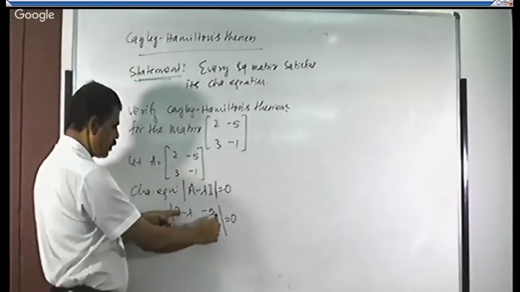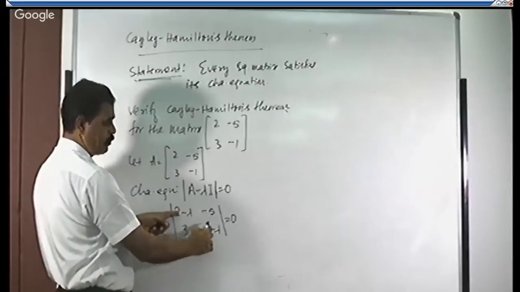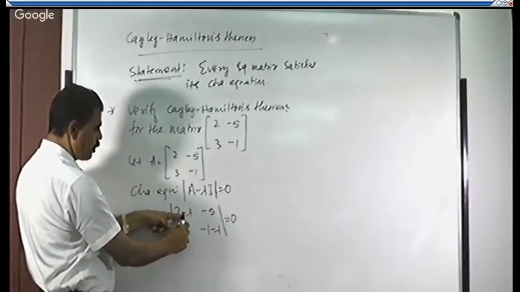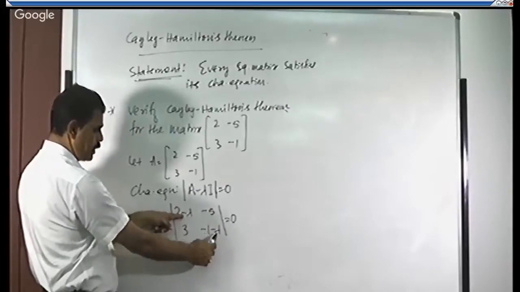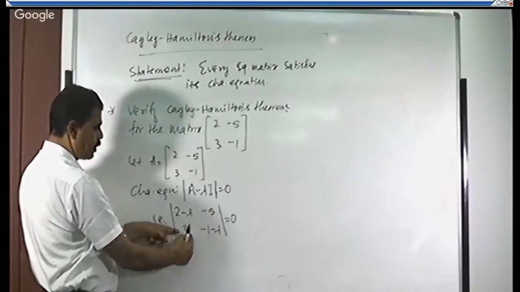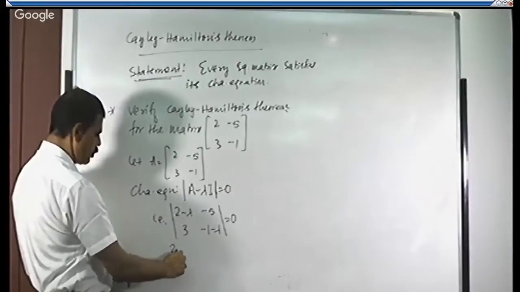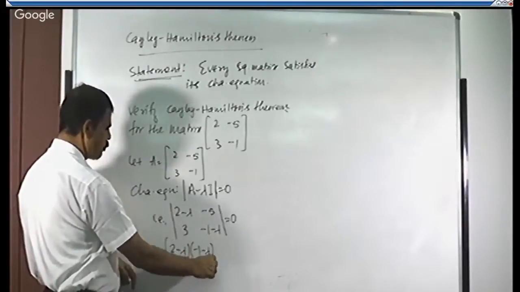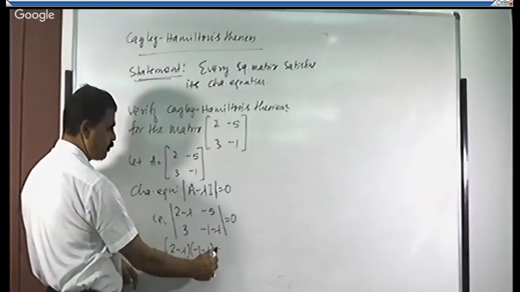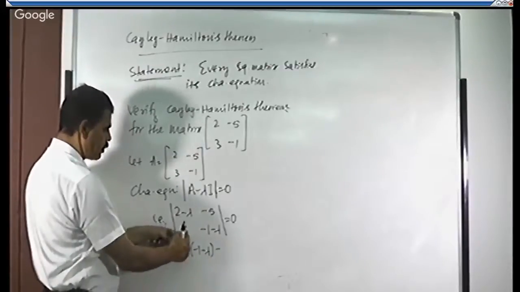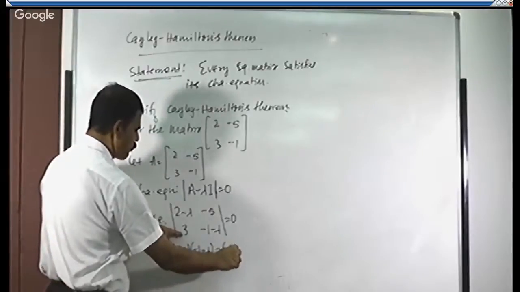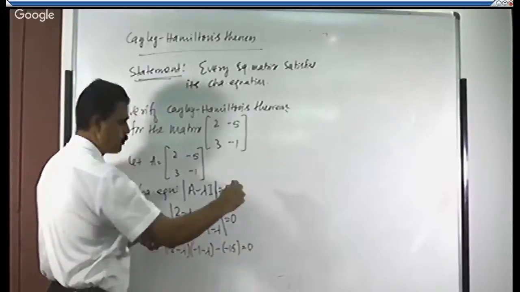Now it is a determinant of 2 cross 2, right? Expand it. You know the expansion. What is the expansion? Product of principal diagonal elements minus product of secondary diagonal elements. That is 2 minus lambda into minus 1 minus lambda minus, it is formula, minus product of these two. 3 into minus 5, it is minus 15 is equal to 0.